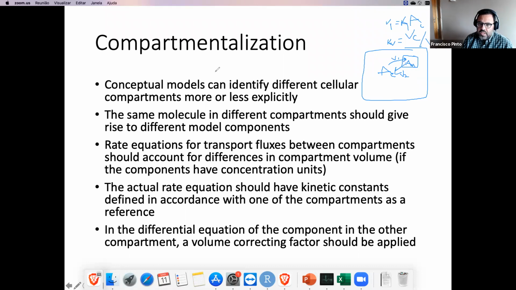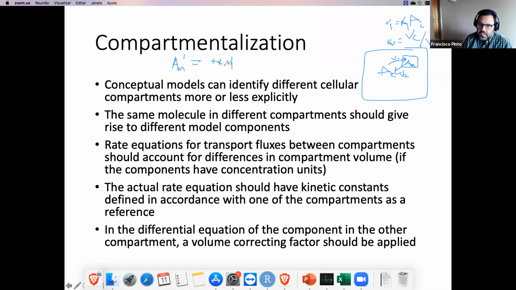So when you apply this to the differential equation of A nuclear, it will have a term that is plus V1. But the change in concentration that is described in this expression is the change in the cytosolic concentration. So in fact, in the nuclear concentration, this will have a much higher impact.